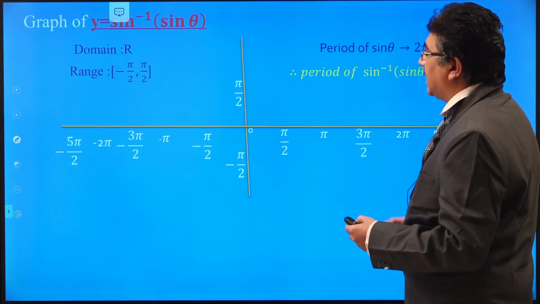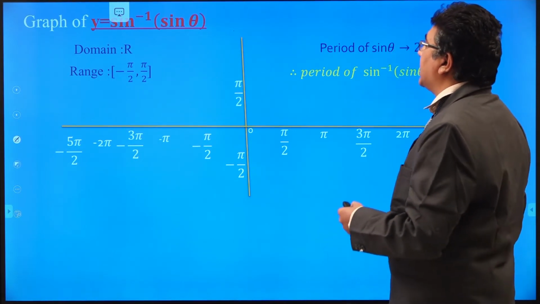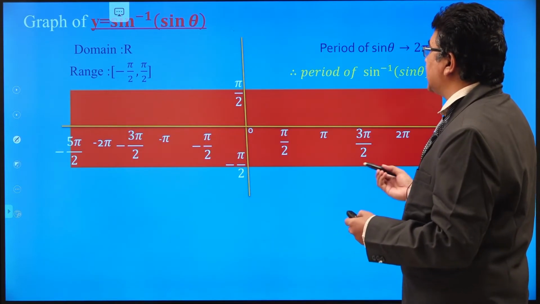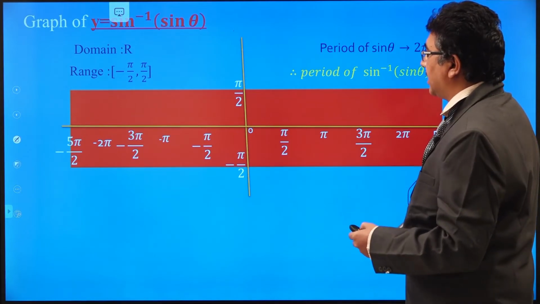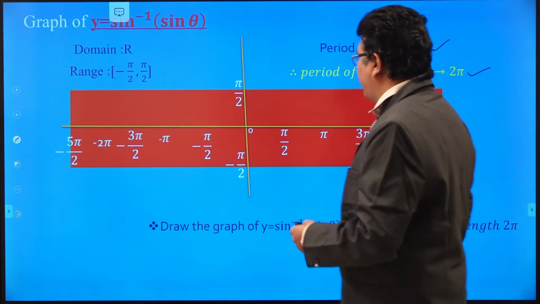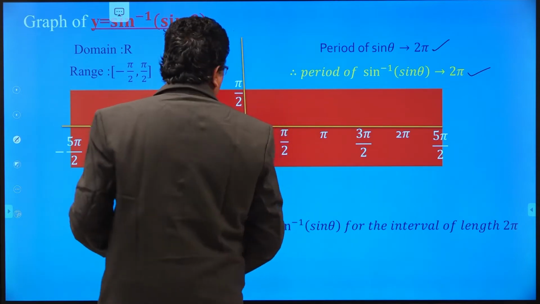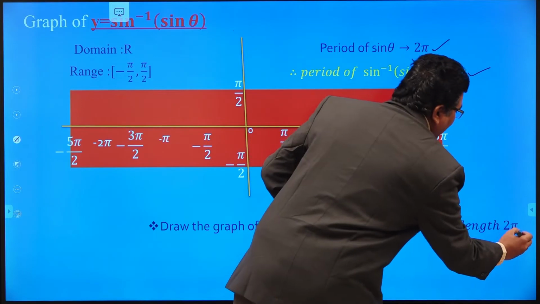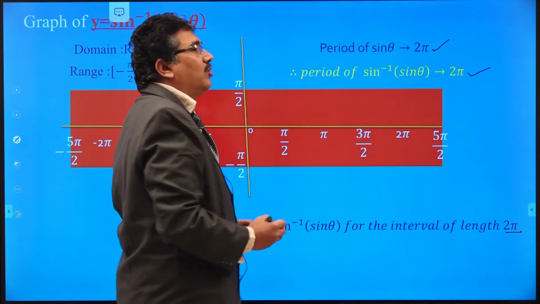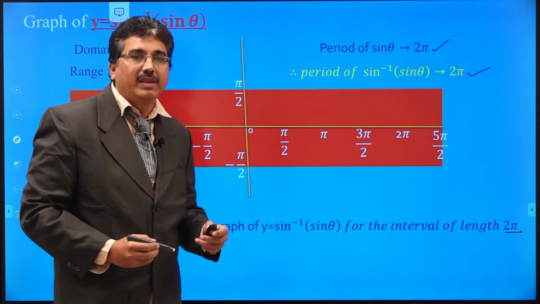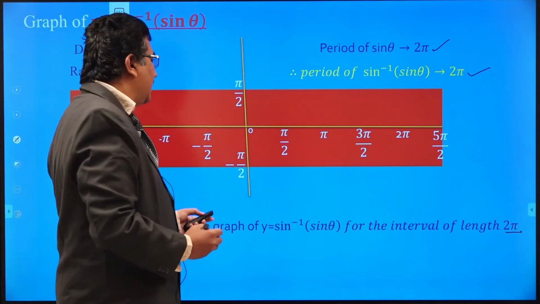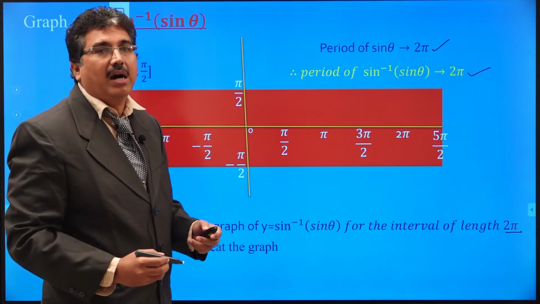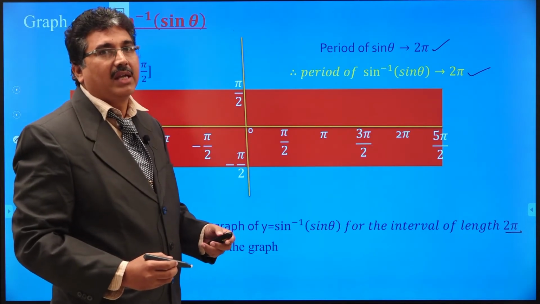Draw the graph of y is equal to sine inverse of sine theta for an interval of length 2 pi, since 2 pi is the period of this function. Then repeat the graph for each interval of length 2 pi.